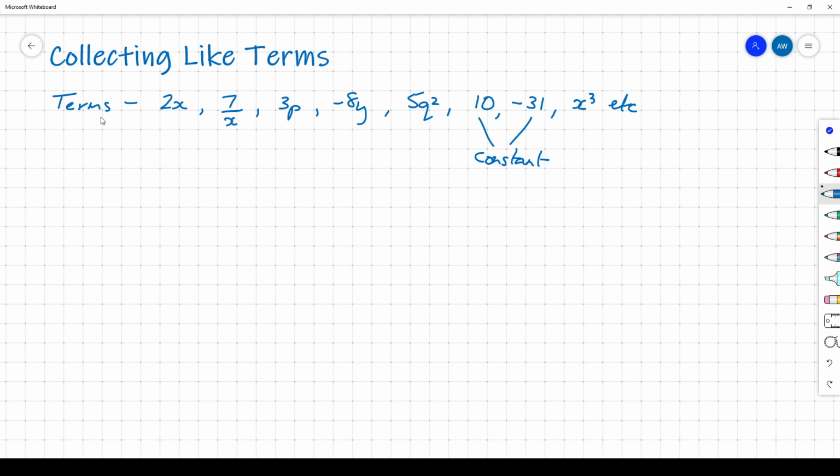So all of these are terms. What is a like term? Well, a like term has the same letters, or combination of letters and numbers.